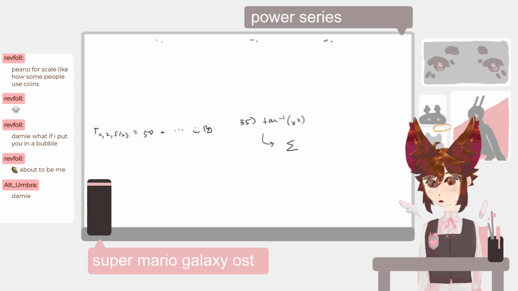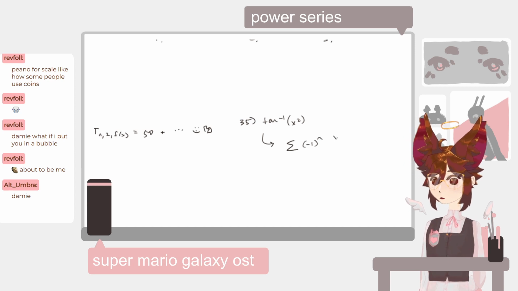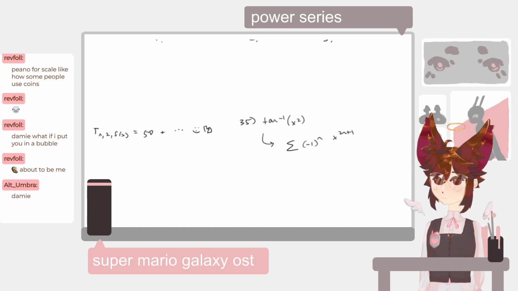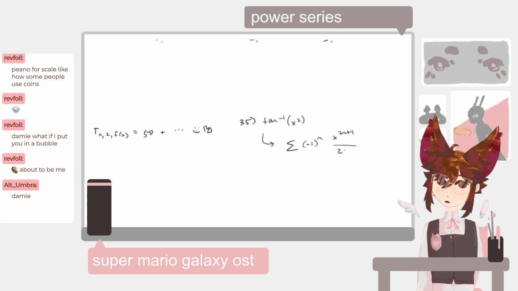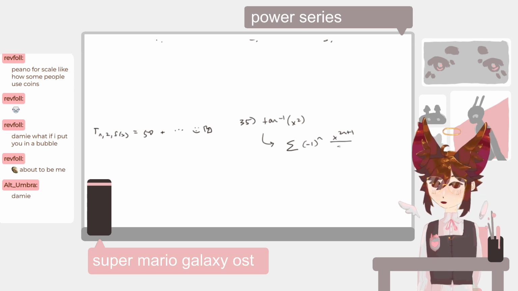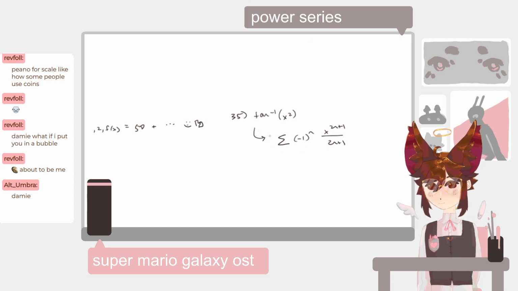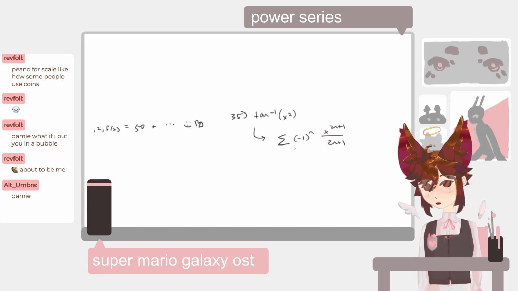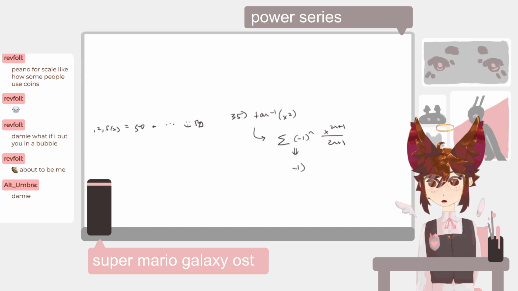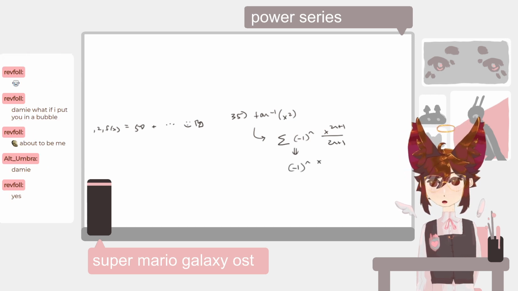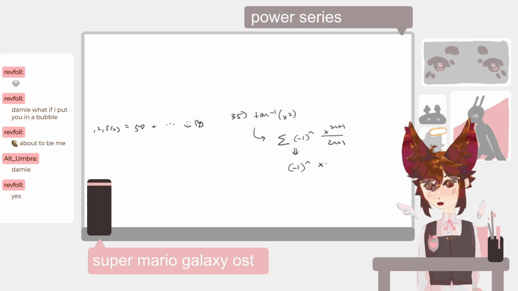Arctan is -1 to the n, x to the 2n plus 1 over 2n plus 1. Oh, you have a question. What's the question? Is it explain series and sequences by any chance? That would be kind of funny. So this is gonna be x to the... yes.